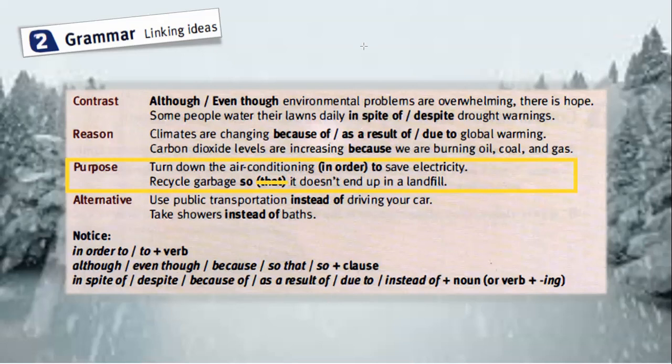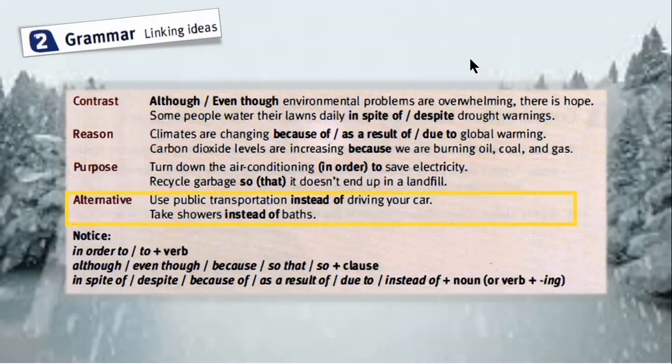Recycle garbage so it doesn't end up in a landfill. Landfill, like field. Excellent. Let's go back to Leslie, please, the last one. Use public transportation instead of driving your car. Take showers instead of baths.